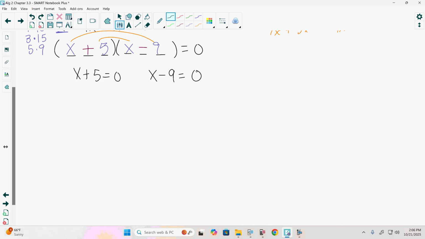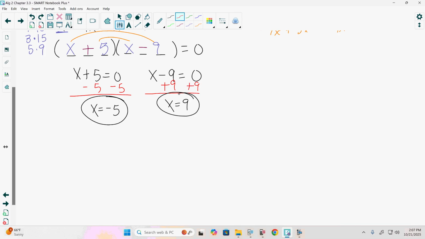For our x plus 5, to solve it here, we would subtract 5 from both sides, telling us x is equal to negative 5. So if x is equal to negative 5, the equation will become 0. With our x minus 9, we would add 9 to both sides, telling us x is equal to 9.